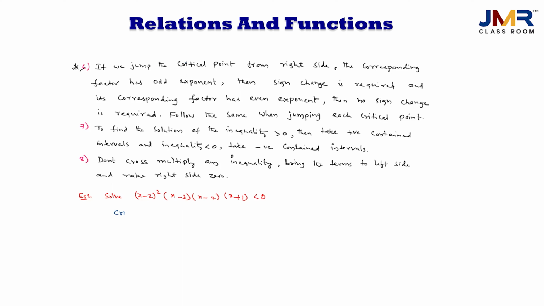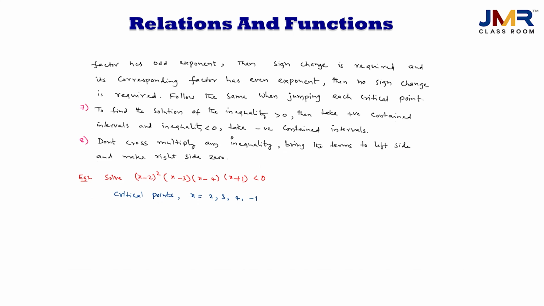Critical points mean make each factor 0. (x minus 2) whole square 0 means x equals 2. x minus 3 is 0, x equals 3. x minus 4 equals 0, x equals 4. And x plus 1 equals 0, then x equals minus 1. These are called critical points.